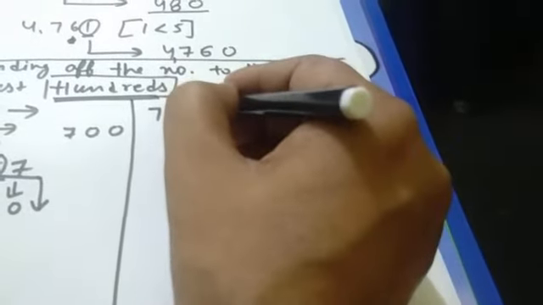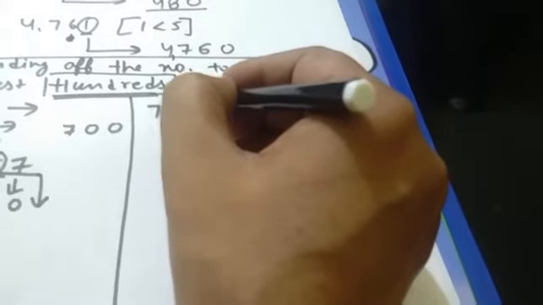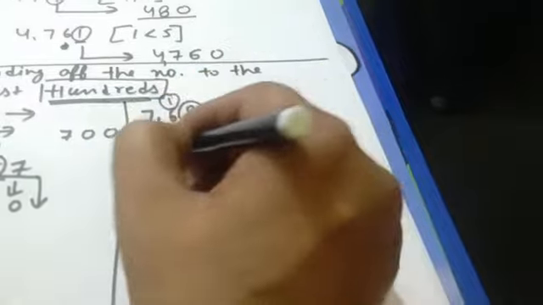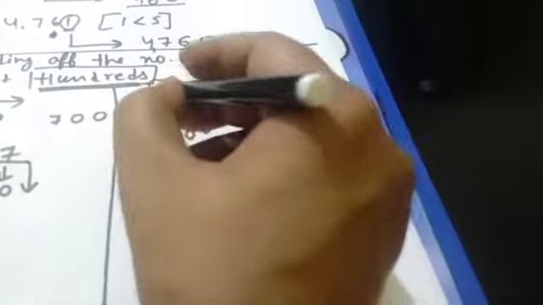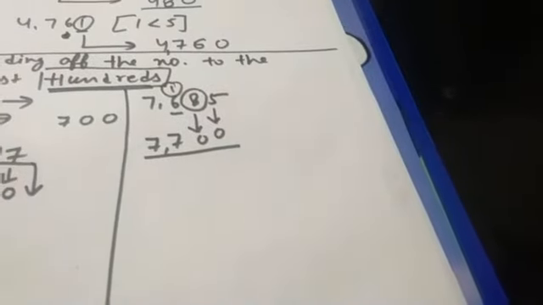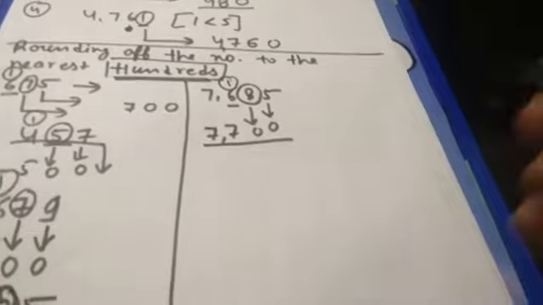And since the observing digit is more than 5, we will add 1 here. 6 plus 1 becomes 7. Rounding 7685 to the nearest 100 is 7700. I don't think there is any problem or confusion.